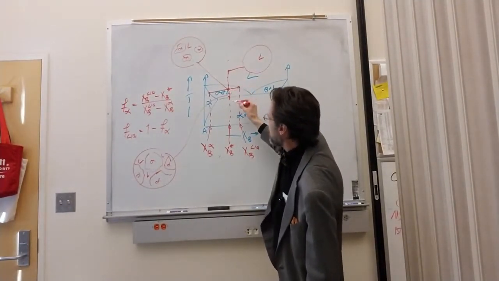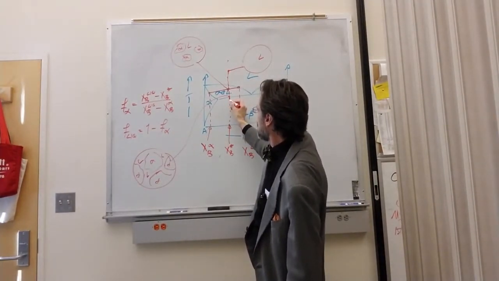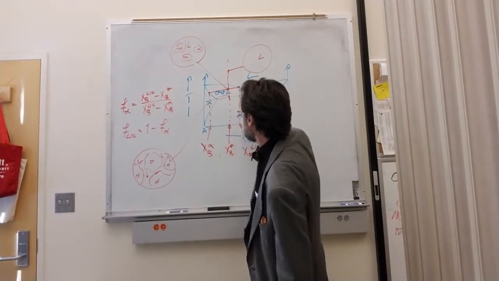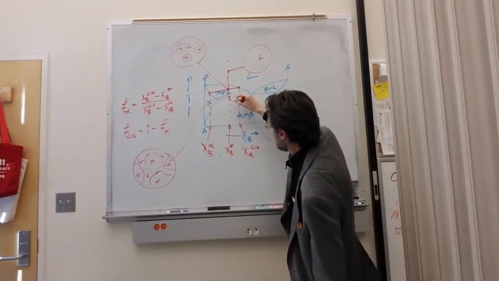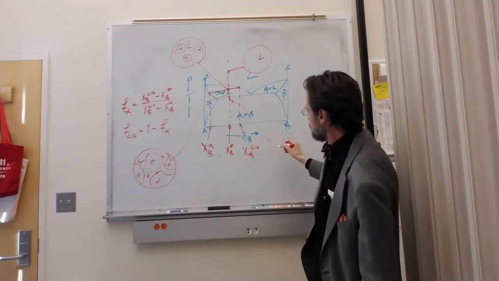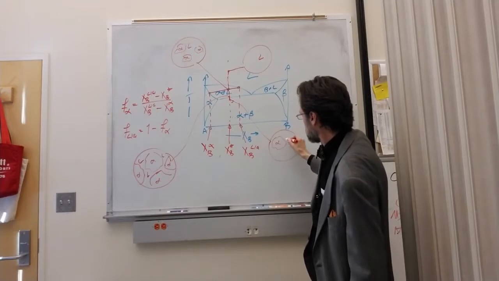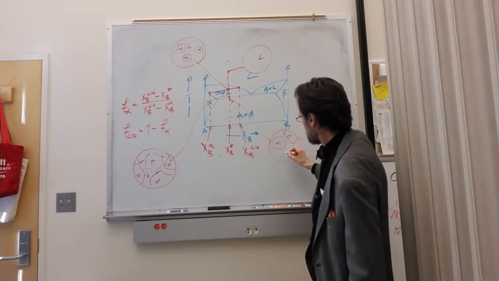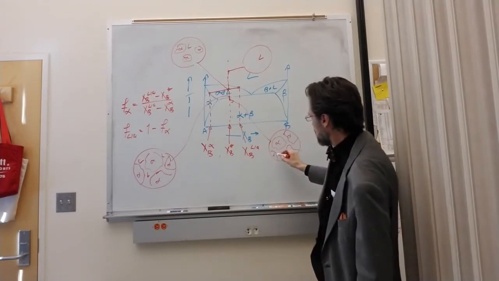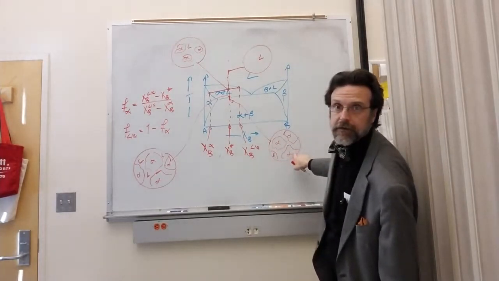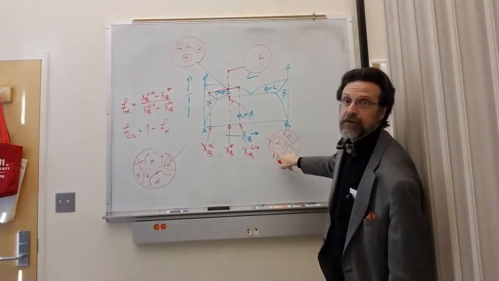The minute we drop below that phase boundary, we are now in the region with alpha plus beta. And just below that, it looks like this. We have our alpha elements, which we had over here, but now that liquid has transformed.